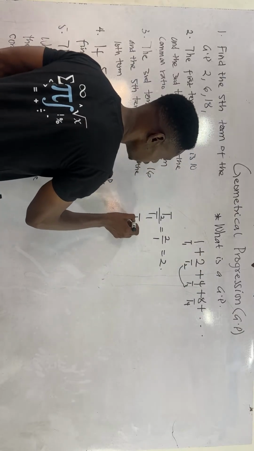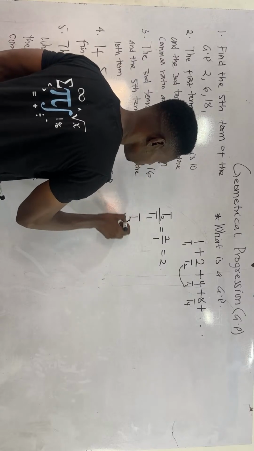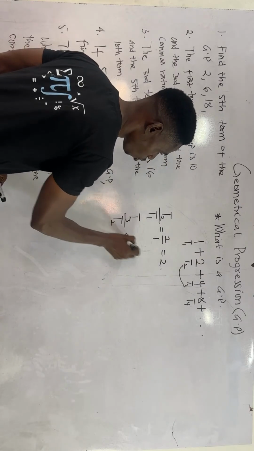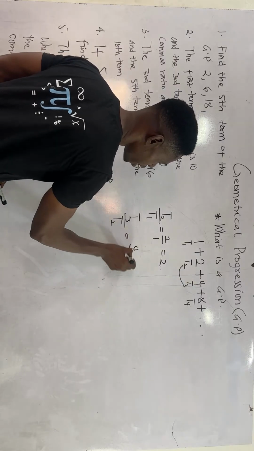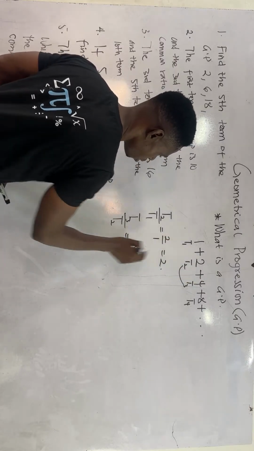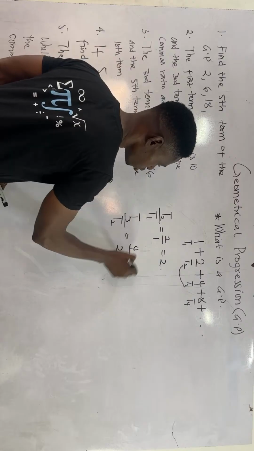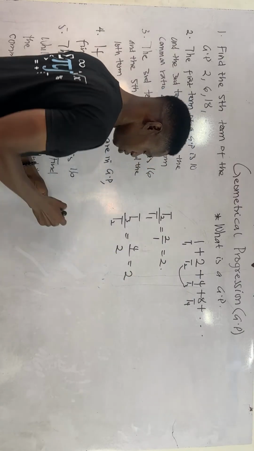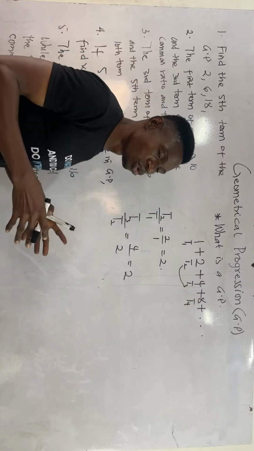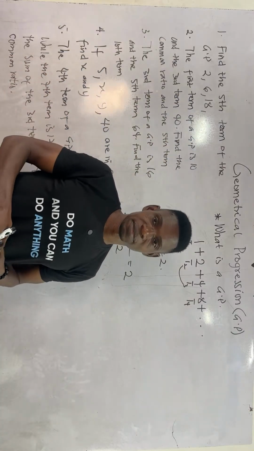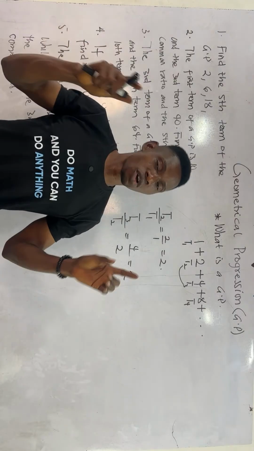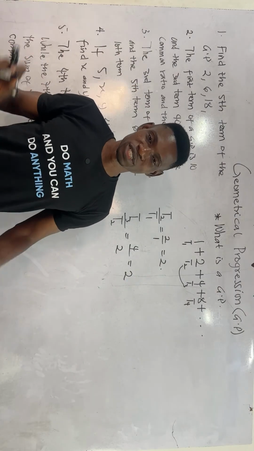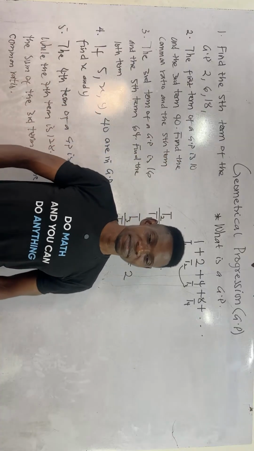Let's go. T3, the third term divided by the second term. So T3 over T2. What's the third term? 4, right? What's the second term? 2. And 4 over 2, the answer is 2. You see that it is the same. So once the ratio of any two consecutive terms in that progression is constant, what you have is a geometrical progression.